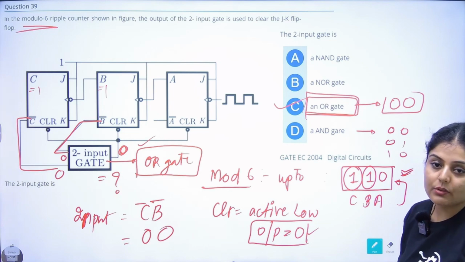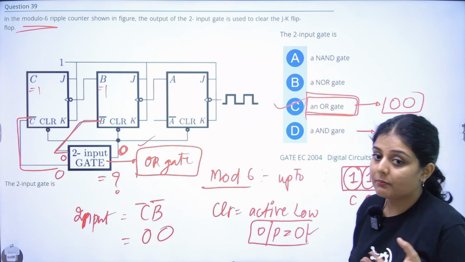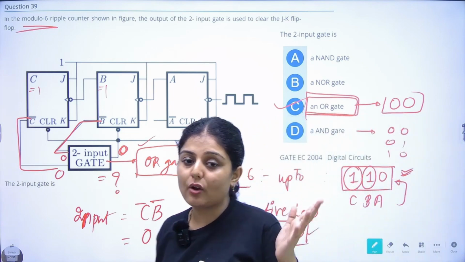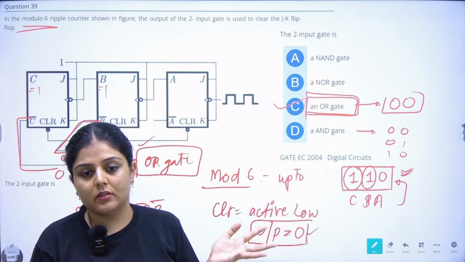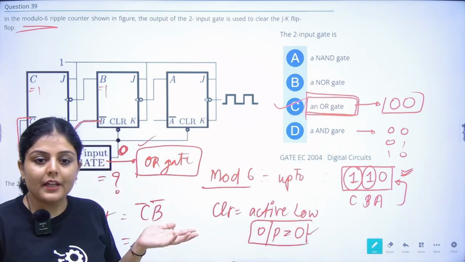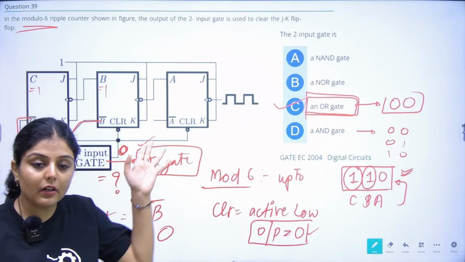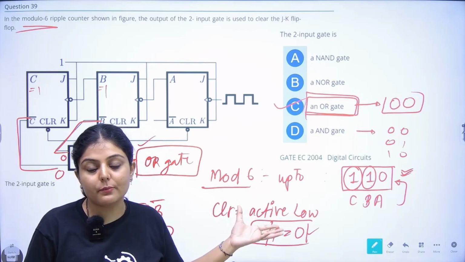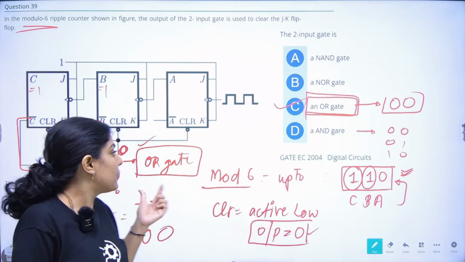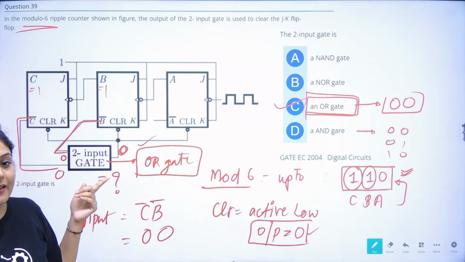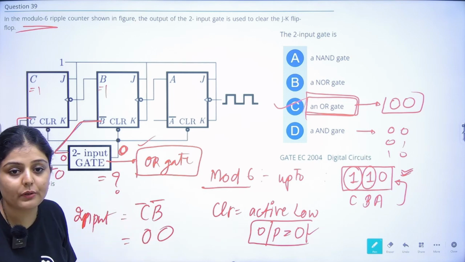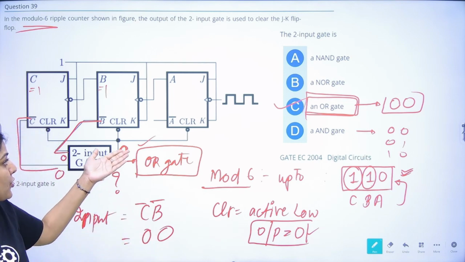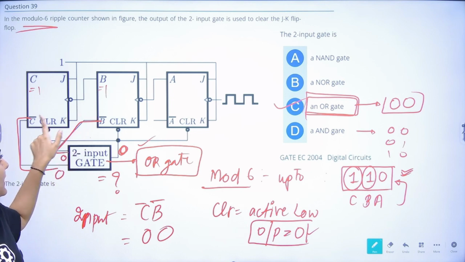This is a little different. In the circuit given earlier, they were asking us to find the mod or the values of the output. Here the mod is given, so you have to do backtracking. The mod is given, so it will count up to 6. The output of this is given to the clear signal. Clear is active low, which means the output should be 0. The inputs are connected to this and this.